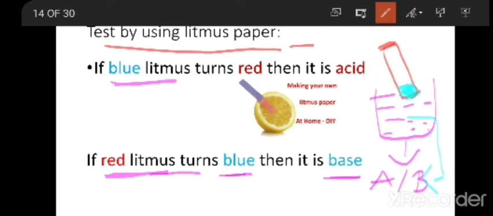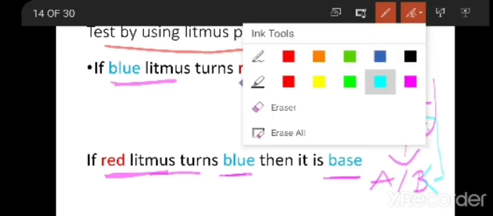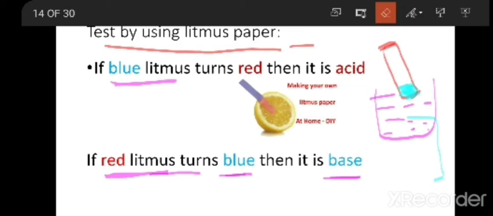Okay? That is our first case. And for example, the same red litmus paper we took, but we have changed the solution. We don't know again whether this solution is acid or base. We dipped this red litmus paper into the beaker, but the color of the red litmus paper did not change.